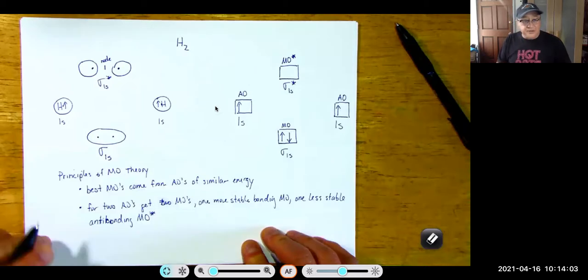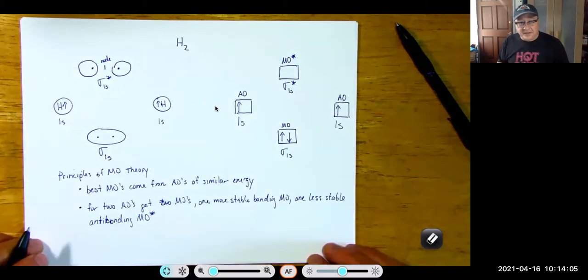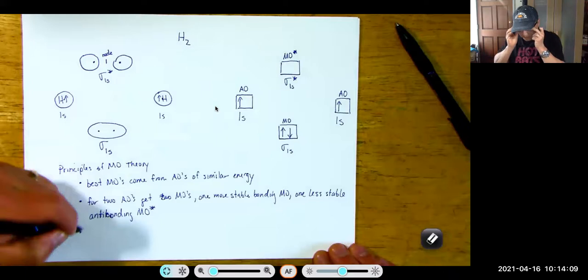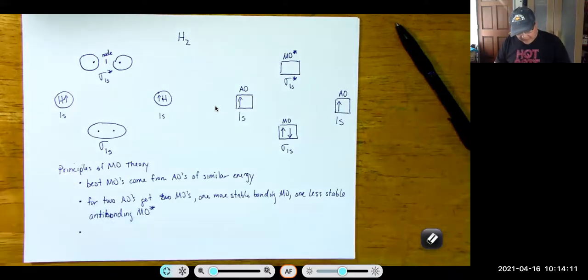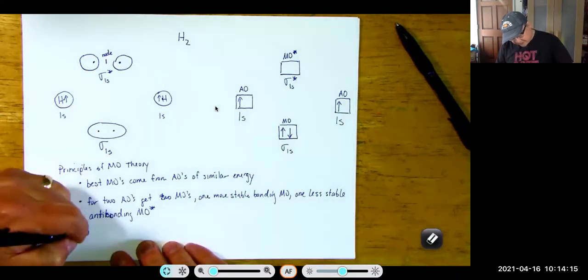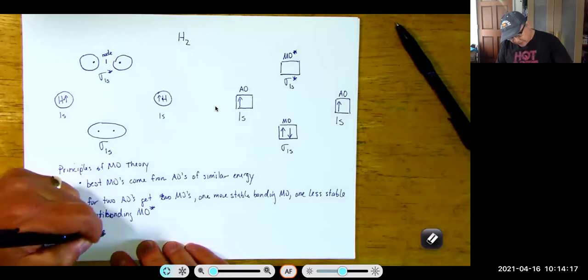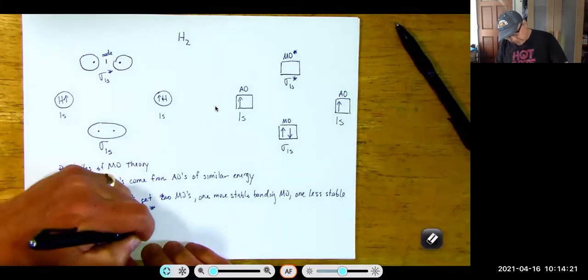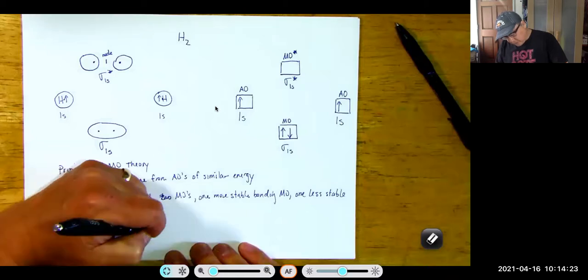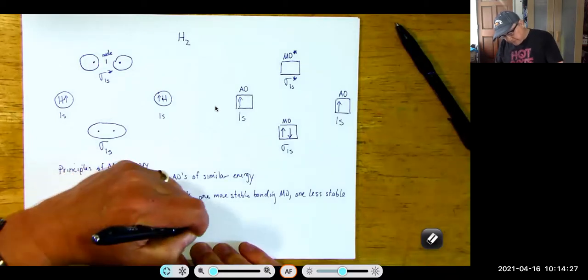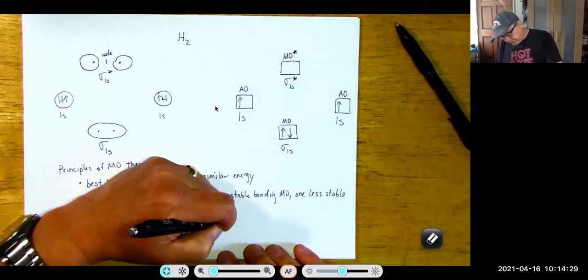And here you can see I put the little star there so you know we're talking about an anti-bonding. And here you place electrons in the MOs in the more stable MOs first.